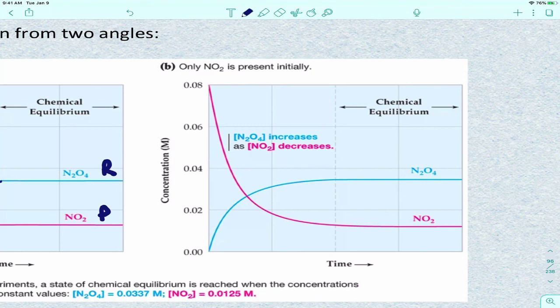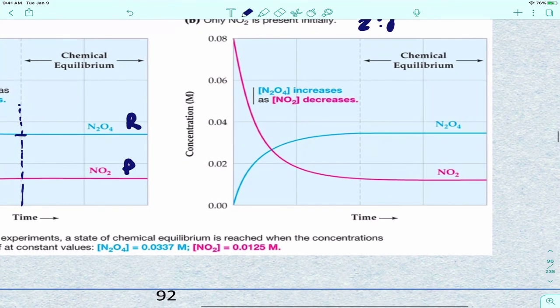And what we're finding out is that the concentration of NO2 is being depleted very quickly because remember, it's a ratio of 2 to 1. You have 2 moles of NO2 to every 1 mole of N2O4. The concentration of N2O4 is increasing until they both level off. And when the concentrations are not changing, that is chemical equilibrium.